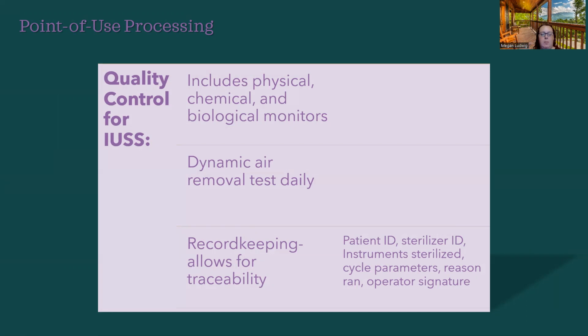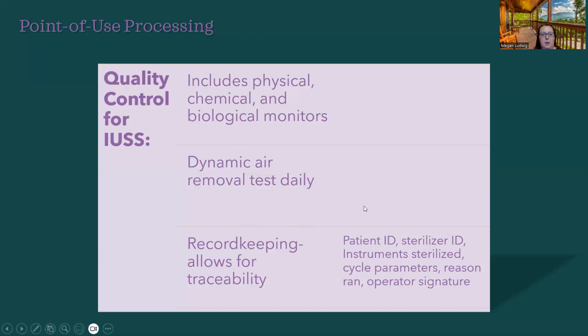And you'll check that monitor to see if any bacteria grew. Now, if it grew, obviously that load did not sterilize. That's the whole point. If it killed that vial of spore-forming bacteria, then you can consider whatever was in that load to be sterile. Okay, and that's true of your sterilizers down in central as well, not just IUSSs.